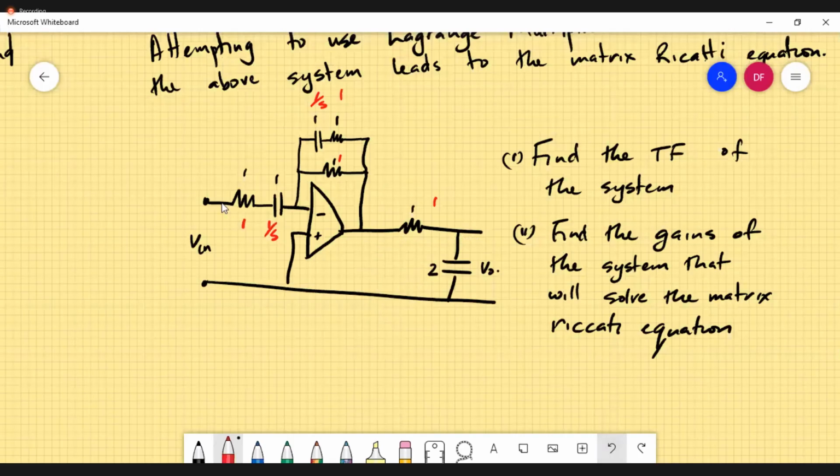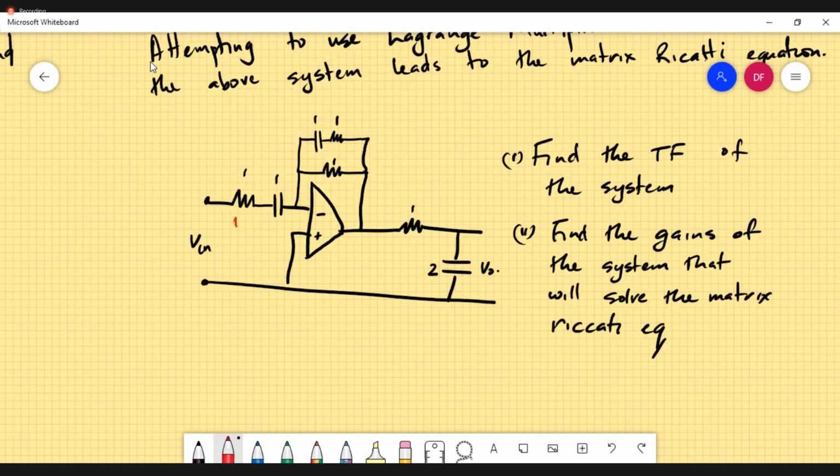All right, so the problem here. We're trying to find the transfer function for this thing.